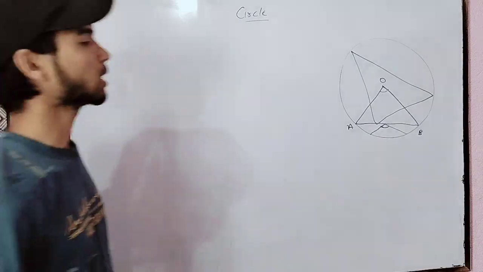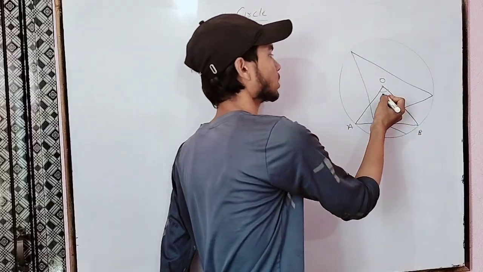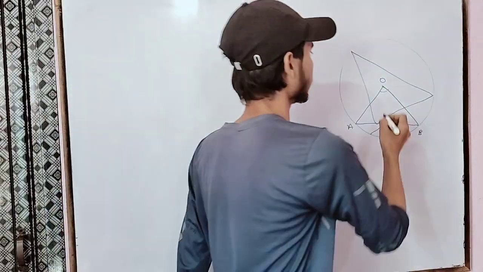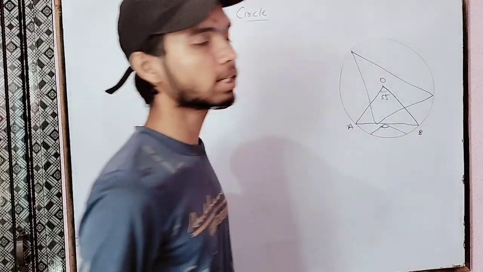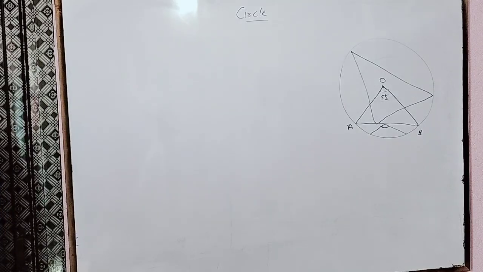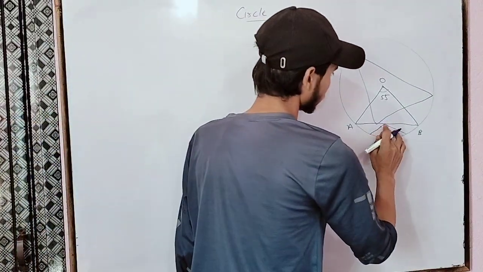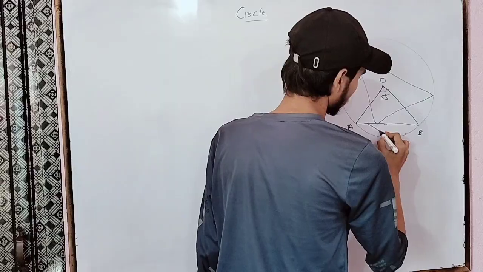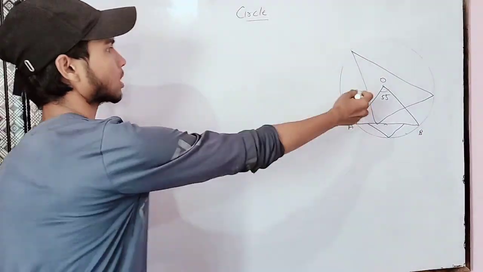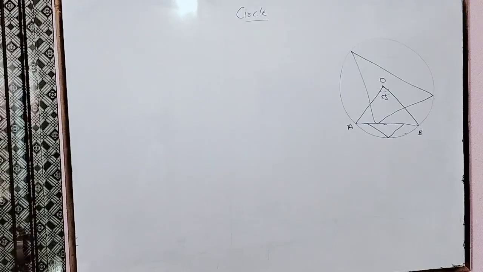It is saying that the measure of this angle is, let's say, 55. Then the measure of this angle would be how much? Two times or more. So the measure of this is 55.